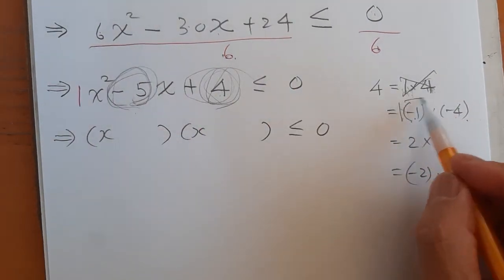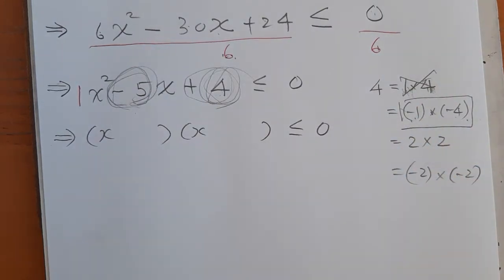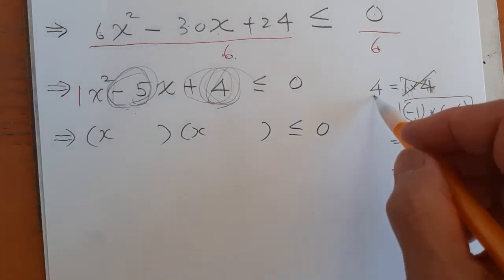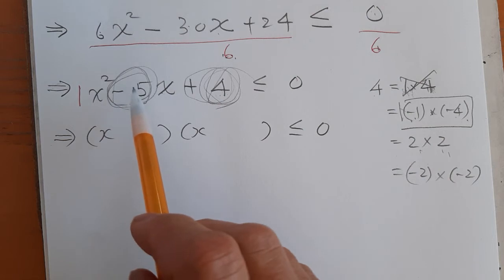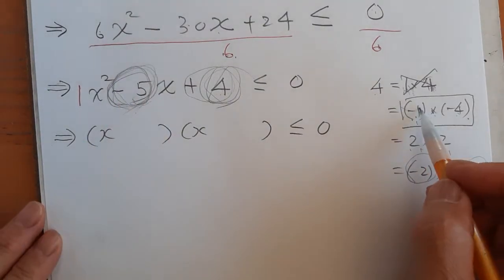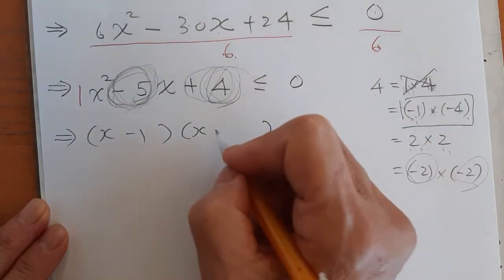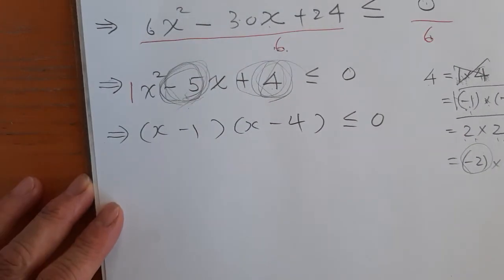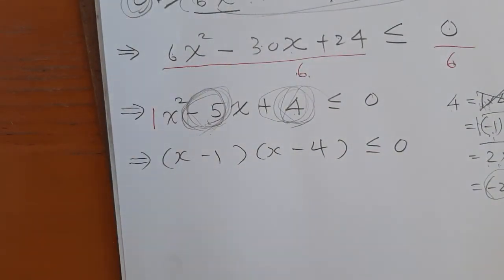So it should be this one. 2 times 2 gives the constant term, but 2 add 2 is 4, and negative 2 add negative 2 is negative 4. It's not negative 5. So only this one. Put negative 1 here, put negative 4 here. So the factored form becomes this. Now solve for x.